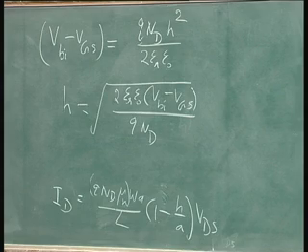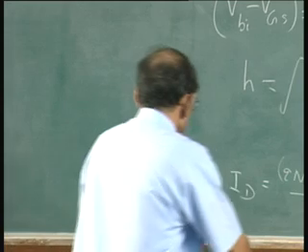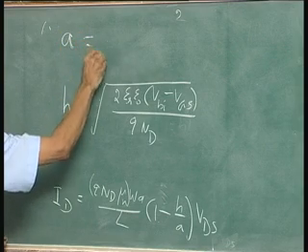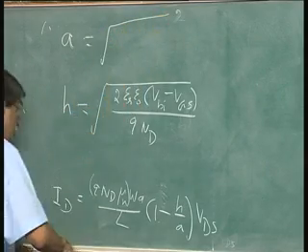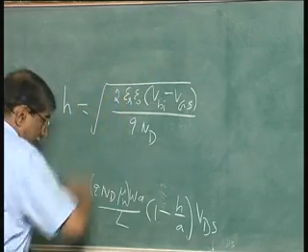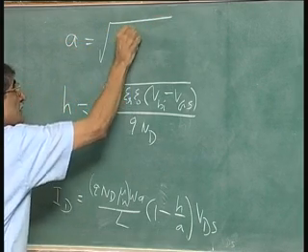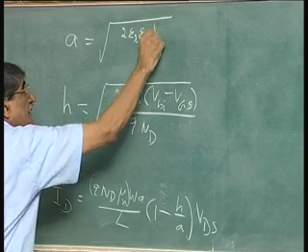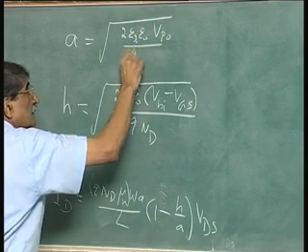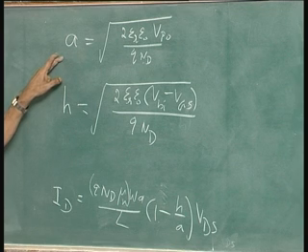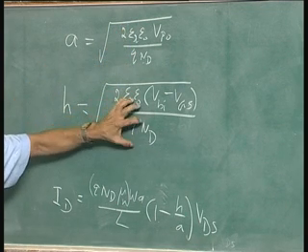What is H divided by A? Okay. So, H is this, and A is actually equal to square root of twice epsilon r epsilon 0 into V p 0 by Q N D. So, H divided by A is actually equal to square root of the potentials, all these things cancel.